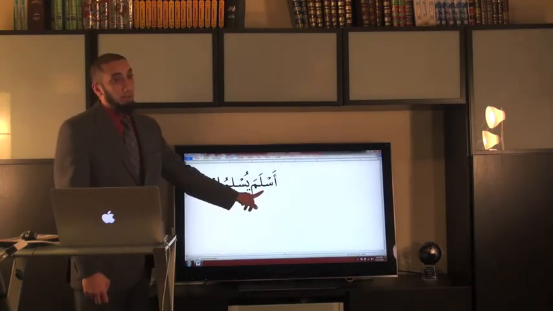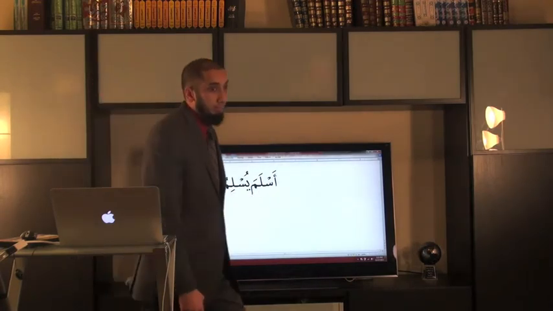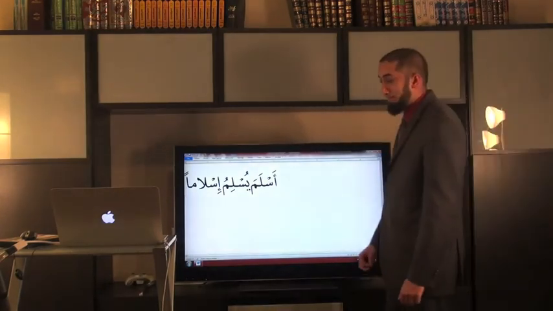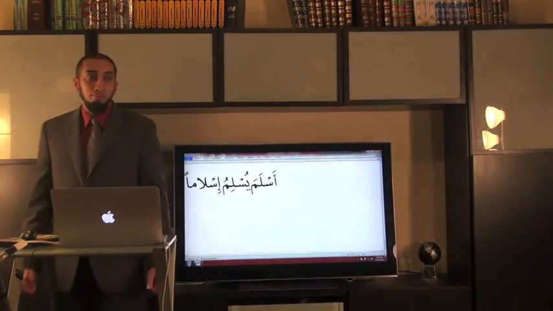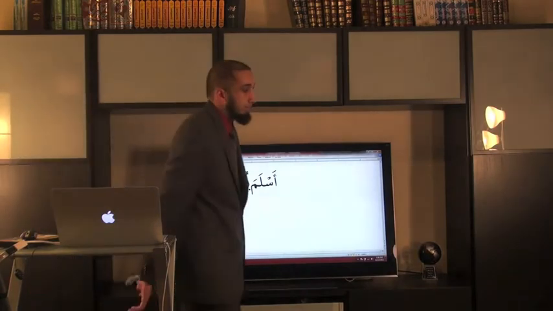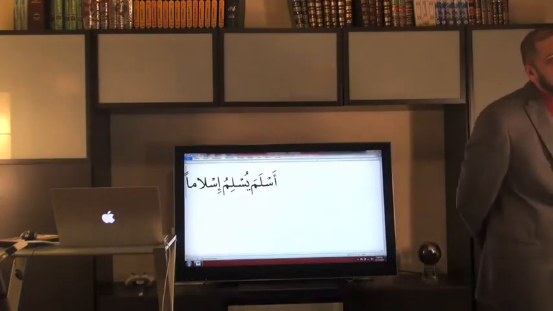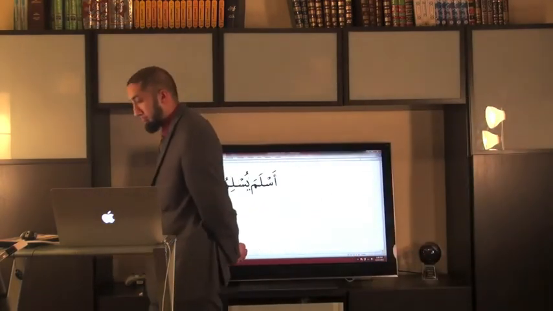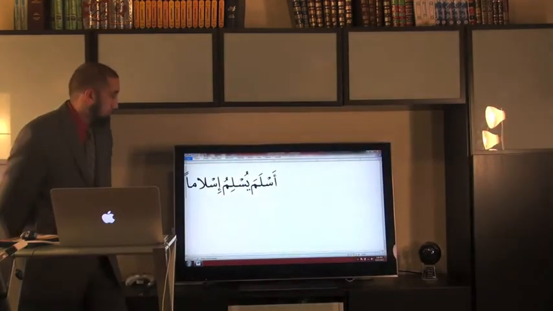Huwa aslama, huma aslama, hum aslamu, hiya aslamat, huma aslamata, hunna aslamna, anta aslamta, antuma aslamtuma, antum aslamtum, anti aslamti, antuma aslamtuma, antunna aslamtunna, ana aslamtu, nahnu aslamna.